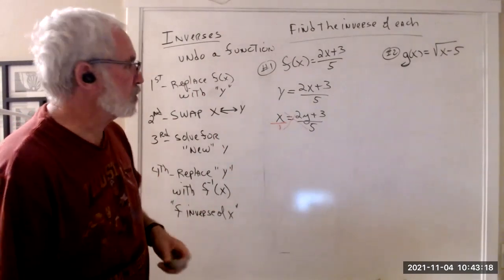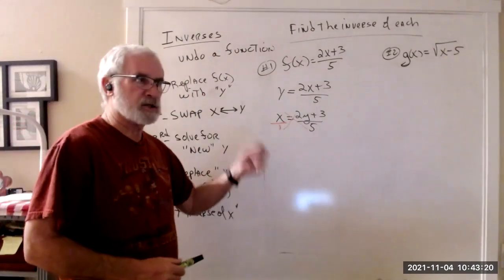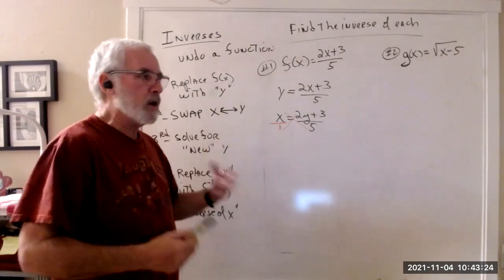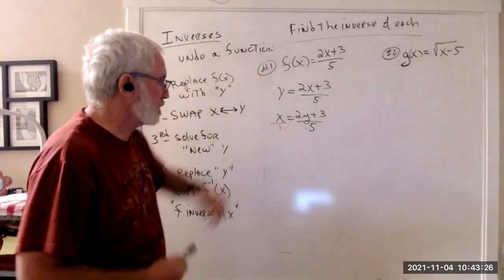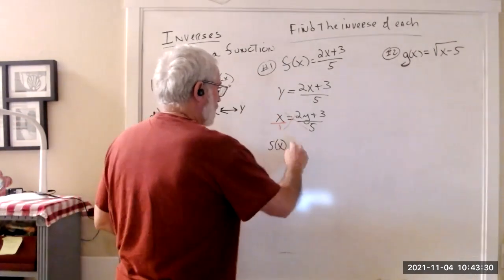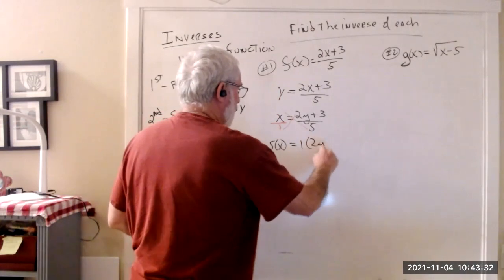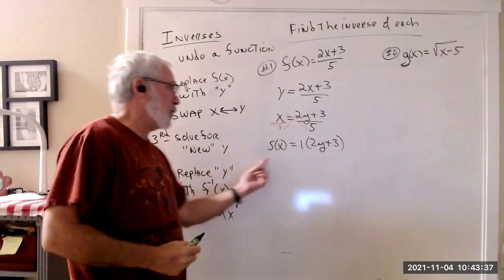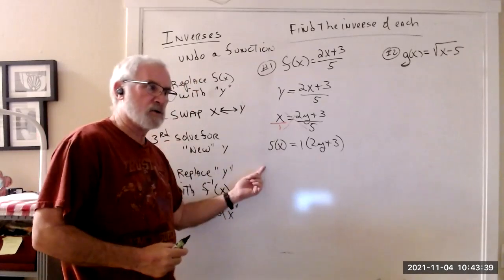People tried to cross multiply on exam 2, and I don't know what you're doing. When you take this and you cross multiply, you do 5 times x equals 1 times 2y plus 3. When you cross multiply, you have no more fraction.